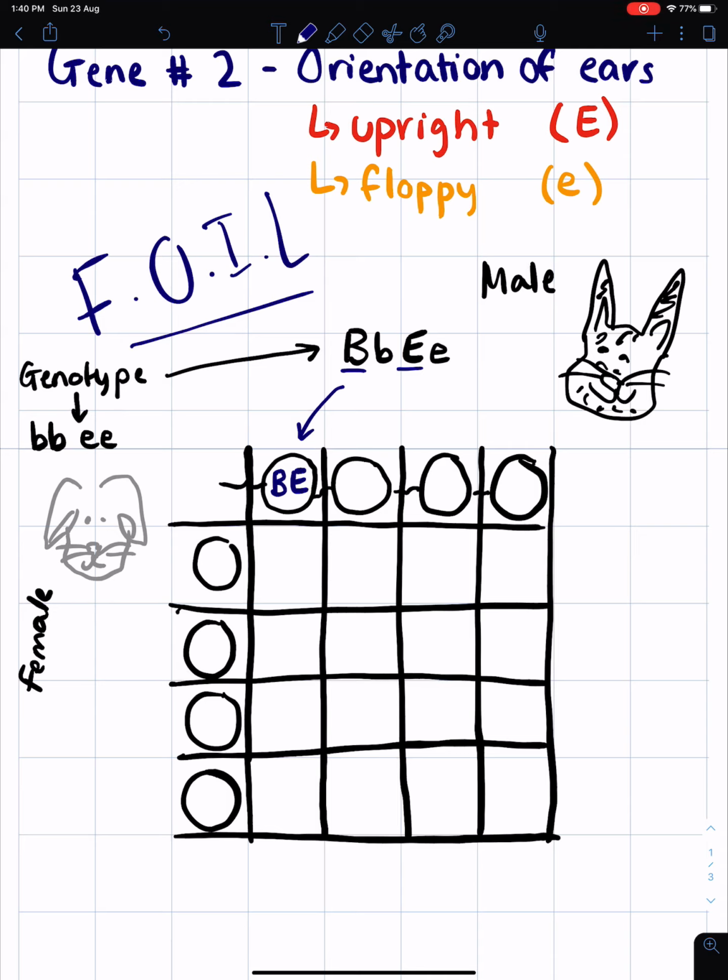O, we take the outermost alleles of that whole genotype and we stick that in the next gamete. So we grab the outermost, which would be big B and little e.